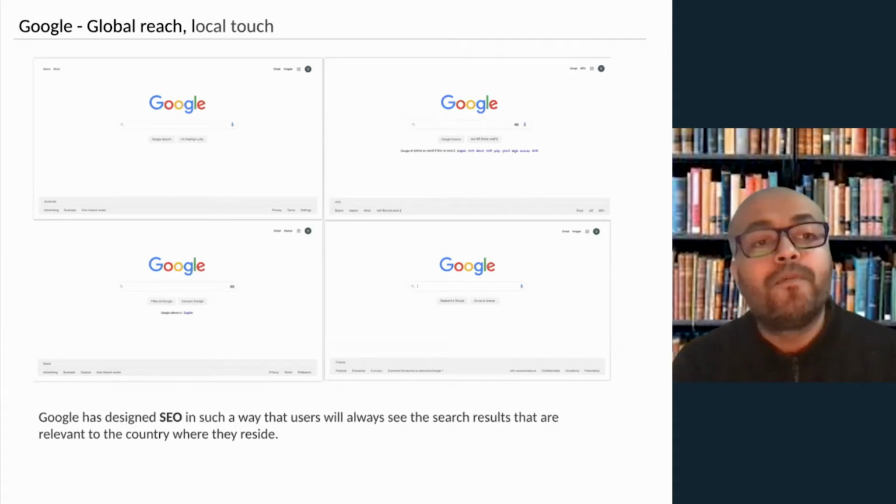For example, if you are in Australia, you will see the results which are from Australia. So Google has designed the metadata in such a way that the products are really localization specific. They do not show you worldwide information in your Google search.